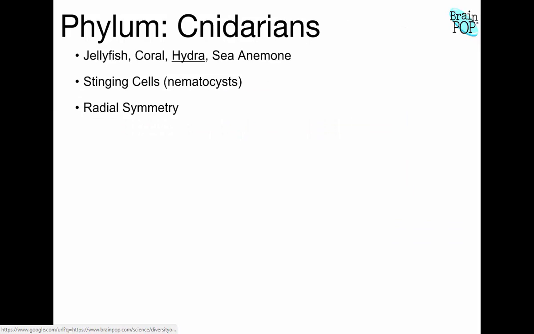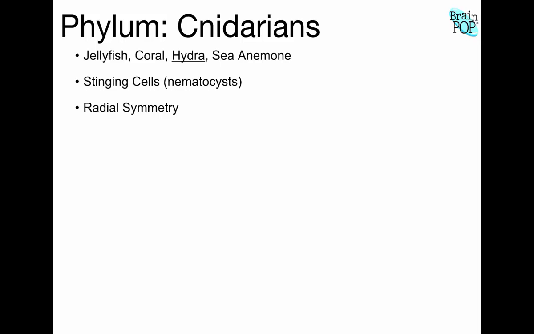All right, so those are the sponges, Porifera. Another sea creature you might have seen before is a group called the Cnidarians. Now, it has a C in front of it, but it's a silent C. And the Cnidarians are a type of invertebrate. They have radial symmetry. Often they have tentacles.